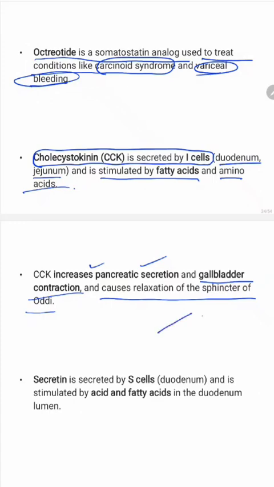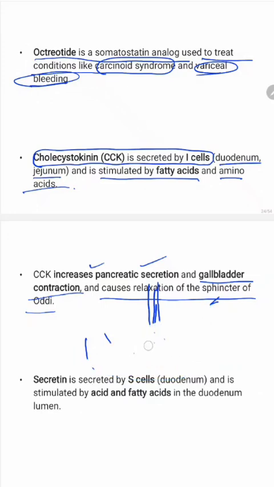Okay, now this is the pancreas and then it is joining the common bile duct and then its secretion goes into the duodenum. Here is the sphincter of Oddi. So these secretions are stimulated and this sphincter of Oddi is relaxed, so the secretion can easily go into the duodenum.